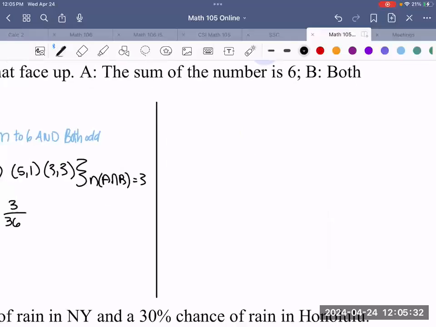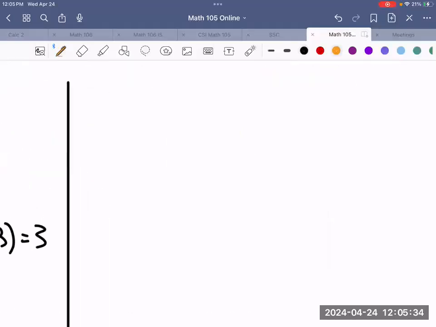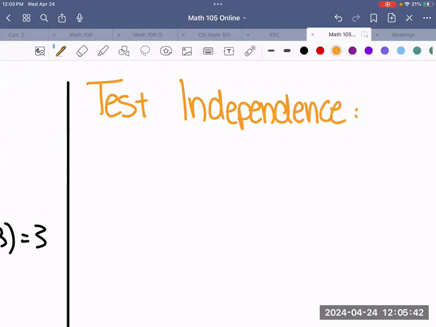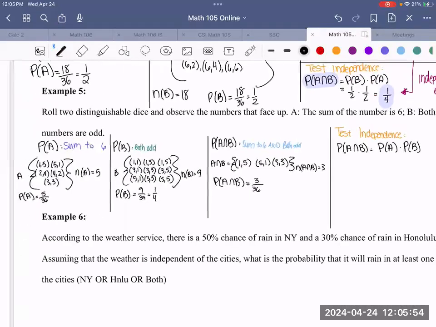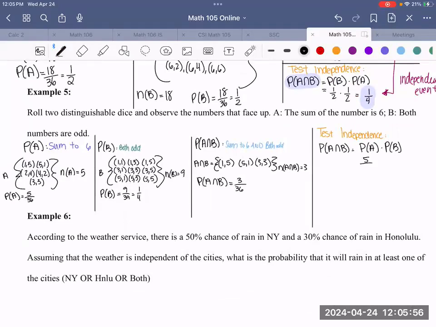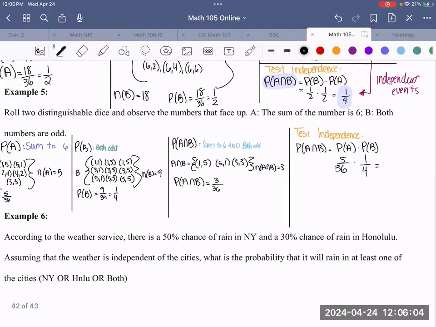Now let's test for independence. We have the probability of A and B is equal to the probability of A times the probability of B, where we said this is 5 out of 36, times 1/4, which is 5 out of 144.